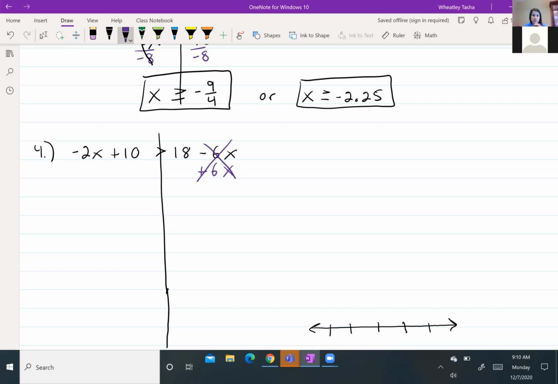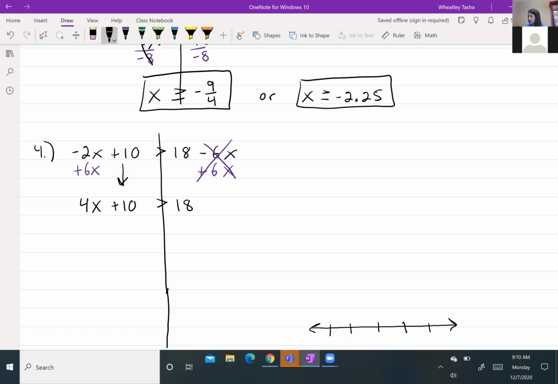Like terms have the same variables or don't have any variables. So plus 6x goes with negative 2x. When I combine those, oh, sorry, that becomes plus 4x. Plus 10 drops down, is greater than 18.